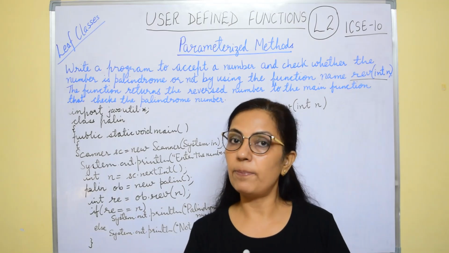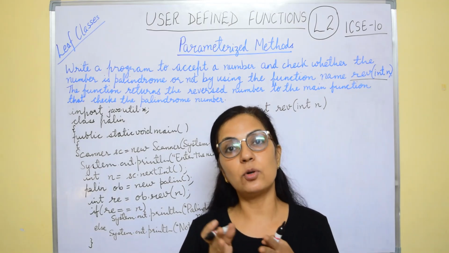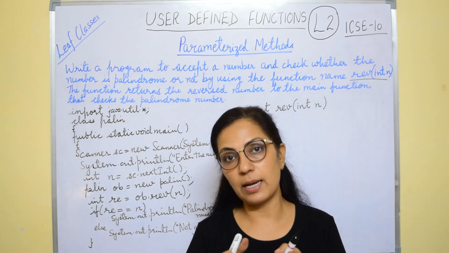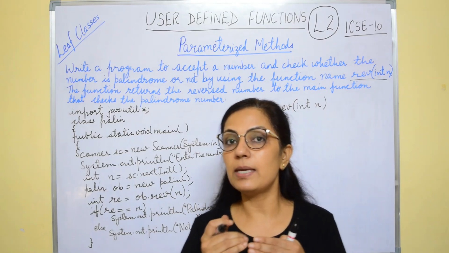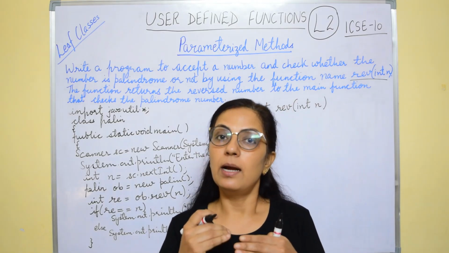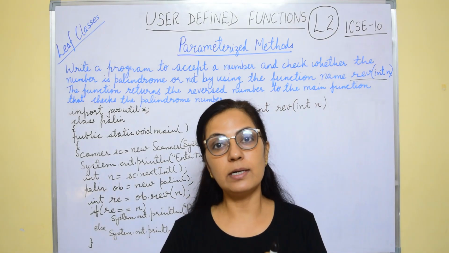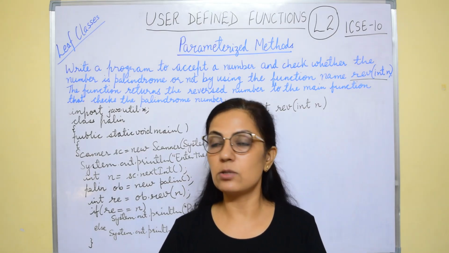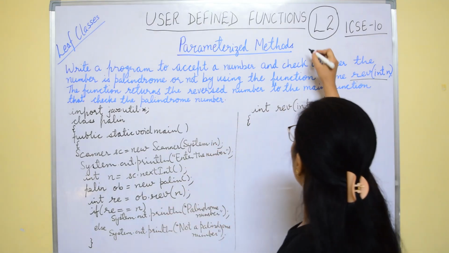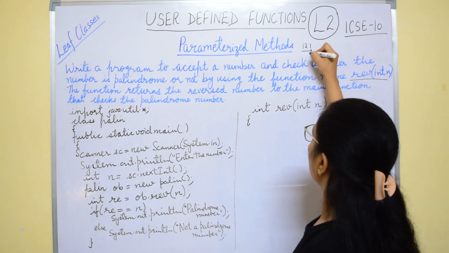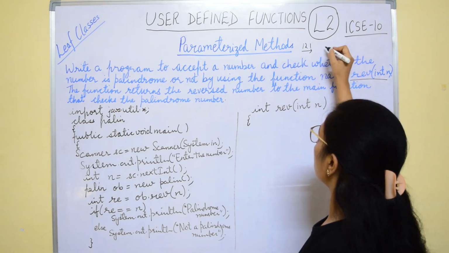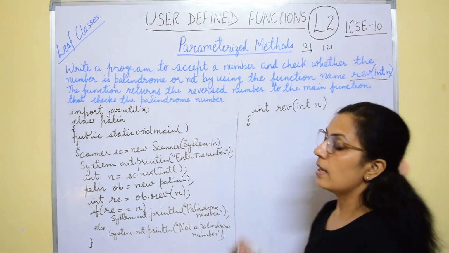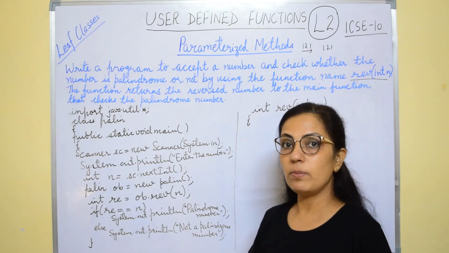You can see the program in the video, palindrome number versus palindrome string, right? So palindrome means if the number is equal to the reverse of its number, then it is known as palindrome. Say if the number is 121, the reverse of this from right to left is also 121. So it is known as a palindrome number.